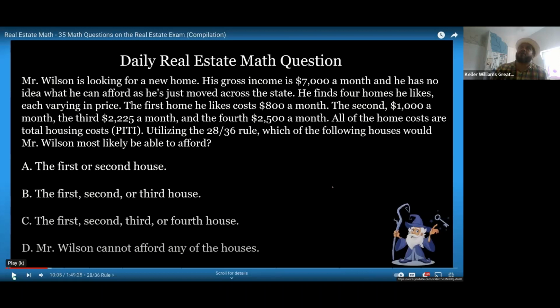All of the home costs are total housing costs: principal, interest, taxes, and insurance. Everyone know what PITI stands for? Yes. All right. Utilizing the 28/36 rule, which of the following houses would Mr. Wilson most likely be able to afford?